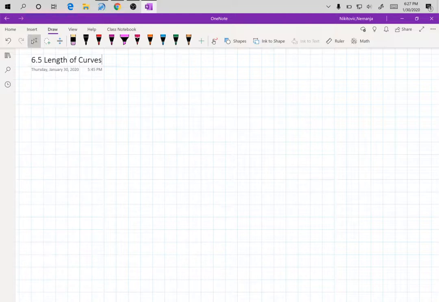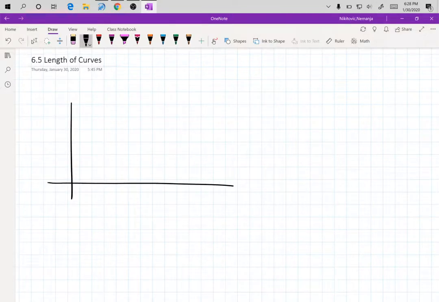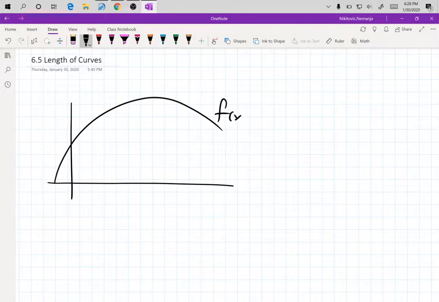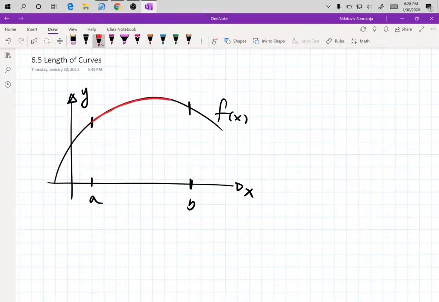So now, how does this work? Well, first we are going to take a look at some random f of x that lives in the xy plane. And you would like to figure out, let's say, the length of the curve between A and B. So you are looking for the arc length over here. So this is the arc, and you are looking for the arc length.